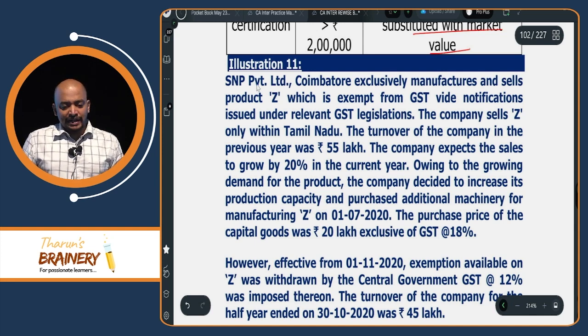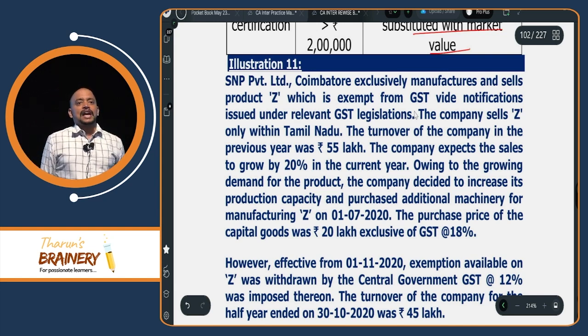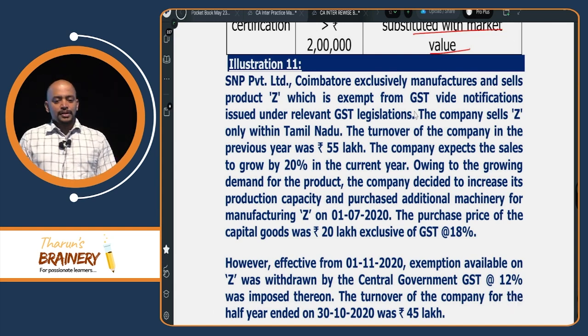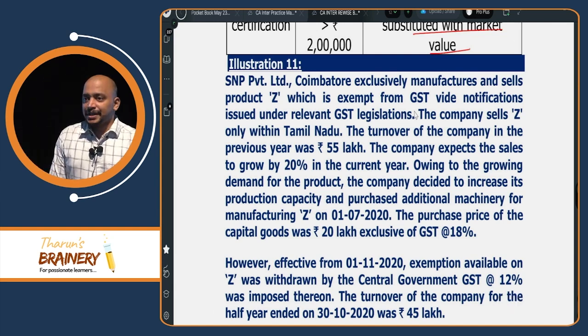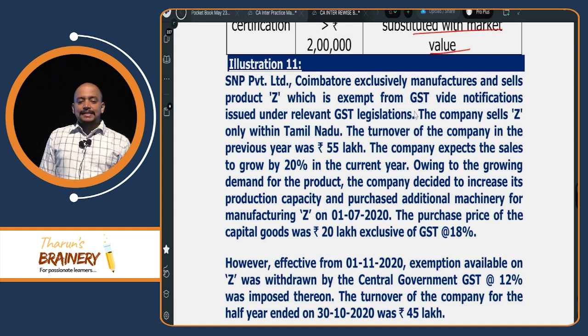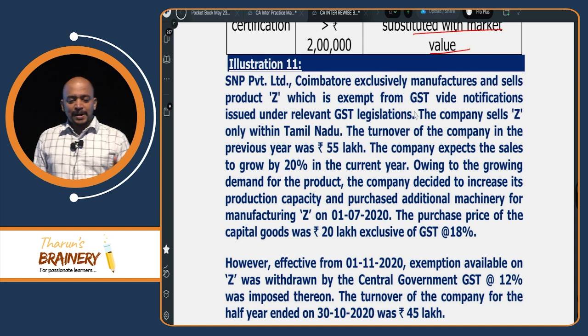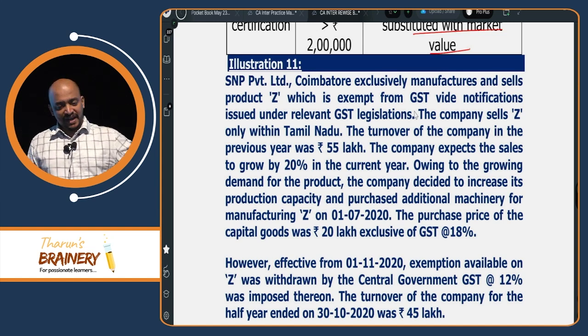S&P Private Limited, Coimbatore, exclusively manufactures and sells product Z, which is exempted from GST. So, they are making only exempted product and therefore they will not be registered. The company sells Z only within Tamil Nadu. The turnover of the company in the previous year was 55 lakhs.